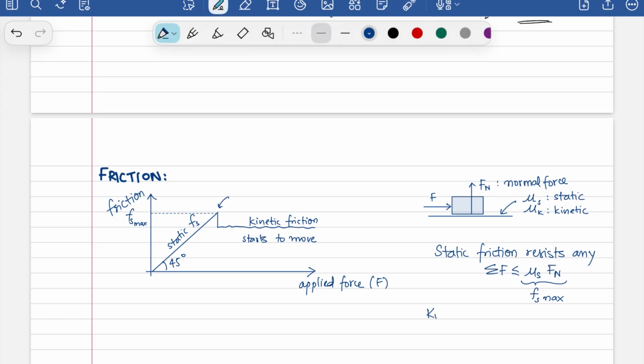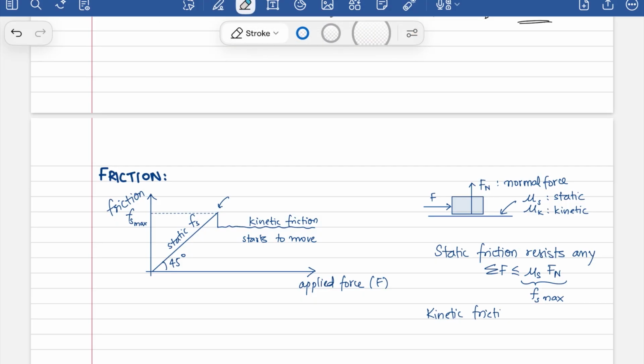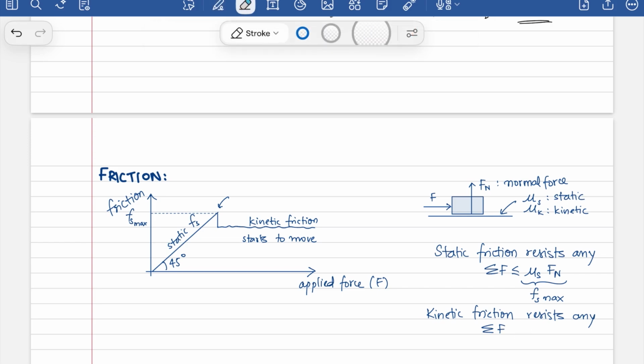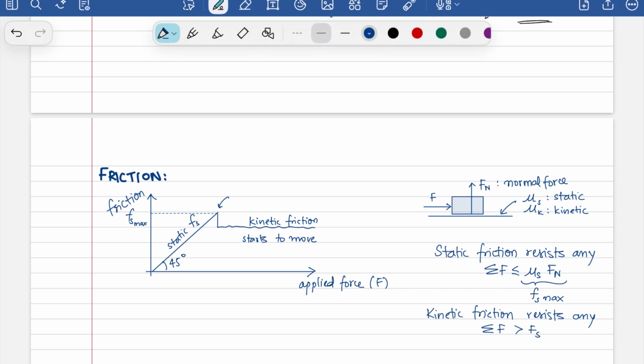And kinetic friction will resist. So in this case, the kinetic friction would be equal to mu k times Fn.